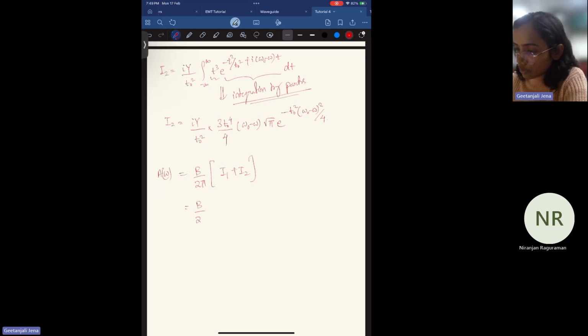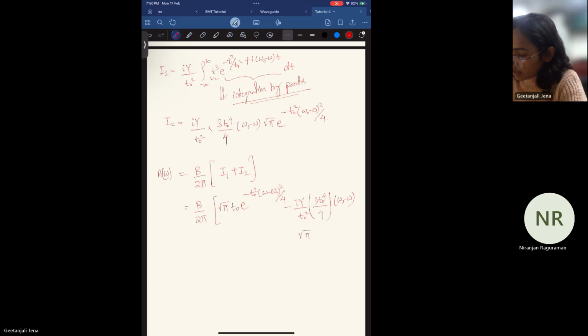So this is B by 2 pi root over of pi t0 e to power omega 0 square by 4 minus there is a term I omega t0 square t0 to the 4 by 4 omega 0 minus omega multiplied by root over of pi t0.